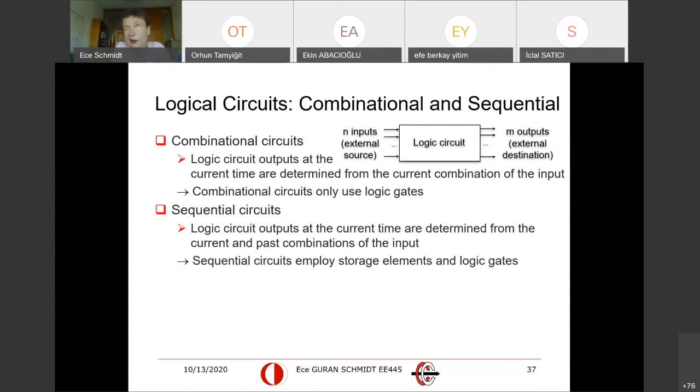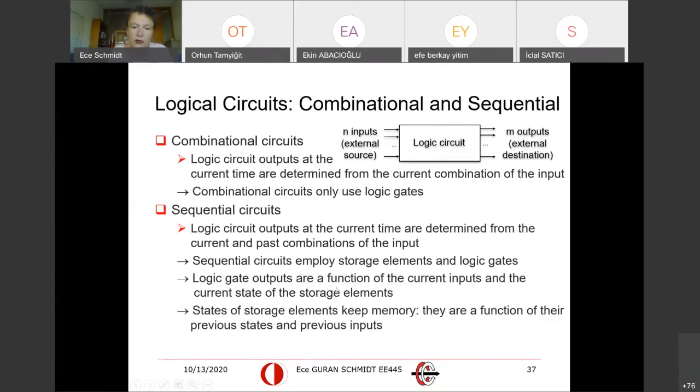So the output of the circuit in a certain clock T plus 1, let's say, will depend on what was stored in the memory elements, the state of the circuit at clock cycle T, and what input is applied externally. So we also looked at how you build memory elements in the sequential circuit part. So we will come to that.